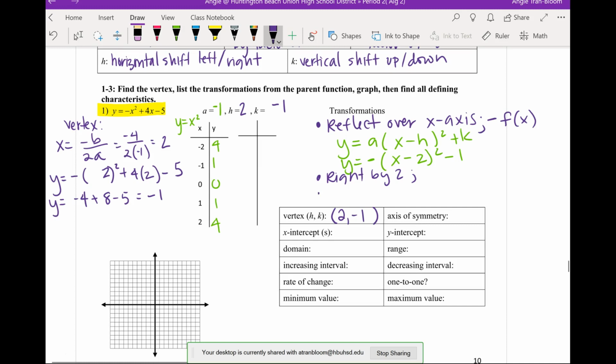Then what else? What's the k value do? K value will make it go down. Down by how much? Down by 1. Isn't that k value negative 1? K value is right here. This is k.